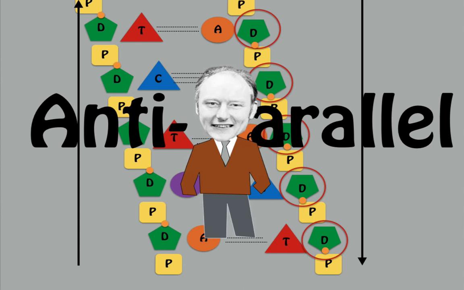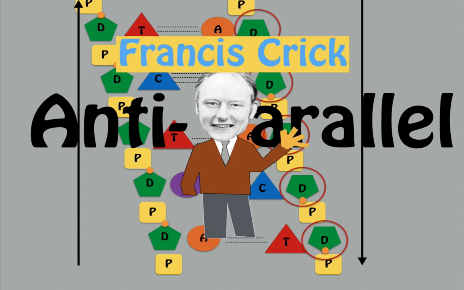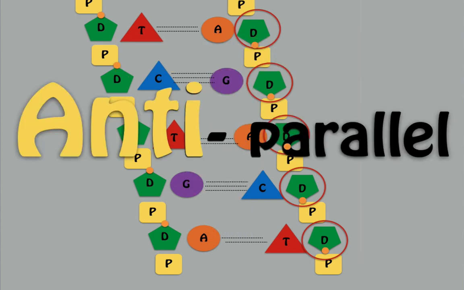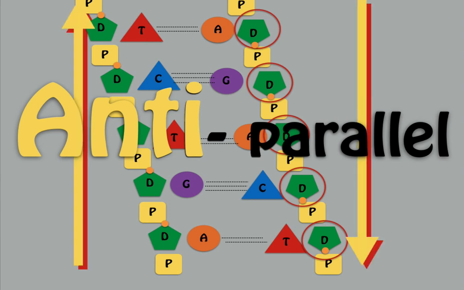This idea was realized by Francis Crick, one of the main scientists that discovered DNA and its structure. Okay, so the anti aspect of this term is the fact that the sugar molecules are pointing in opposite directions. Okay, and again, I will make another video getting into even more detail as to what exactly it means to be anti-parallel.